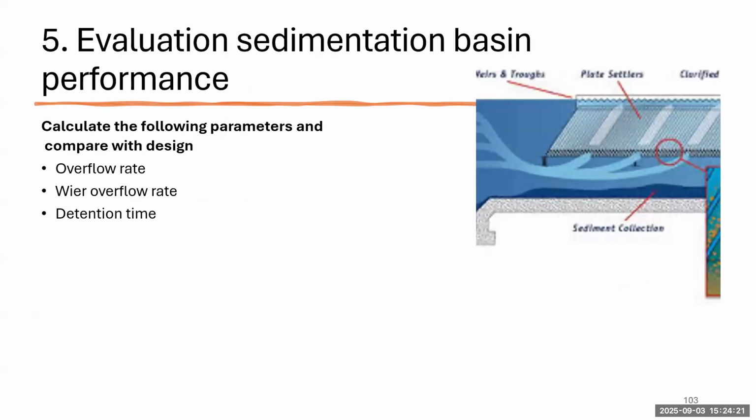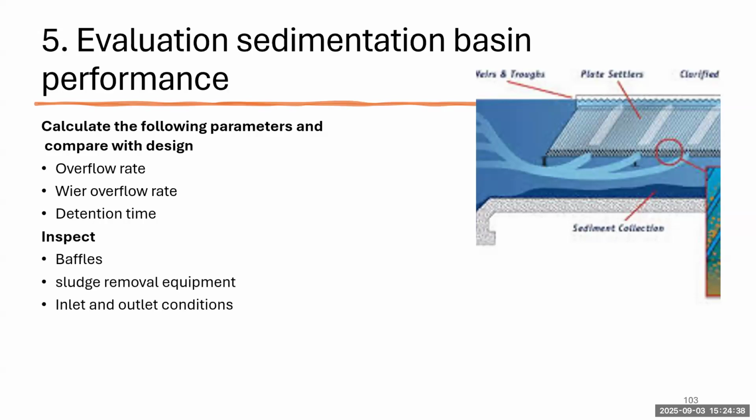There's an article about coagulation and flocculation process and mixing essentials, and there is the Ten State Standards document about flocculation mixing. And for evaluating the sedimentation basin itself, all those things we calculated yesterday, overflow rate, the weir overflow rate, and the detention time, you can calculate those and compare them with the design specifications for your plant. You also want to inspect the baffles and the inlet and outlet conditions to make sure there's no excess velocity currents.